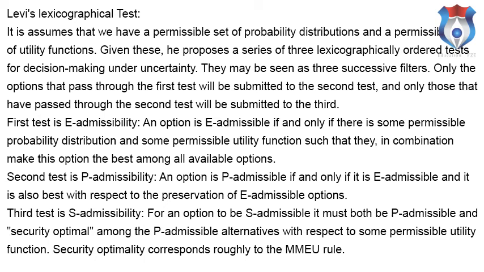An option is P-admissible if and only if it is E-admissible, and it is also best with respect to the preservation of E-admissible options. Third test is S-admissibility. For an option to be S-admissible, it must both be P-admissible and security optimal among the P-admissible alternatives with respect to some permissible utility function. Security optimality corresponds roughly to the MMEU rule.